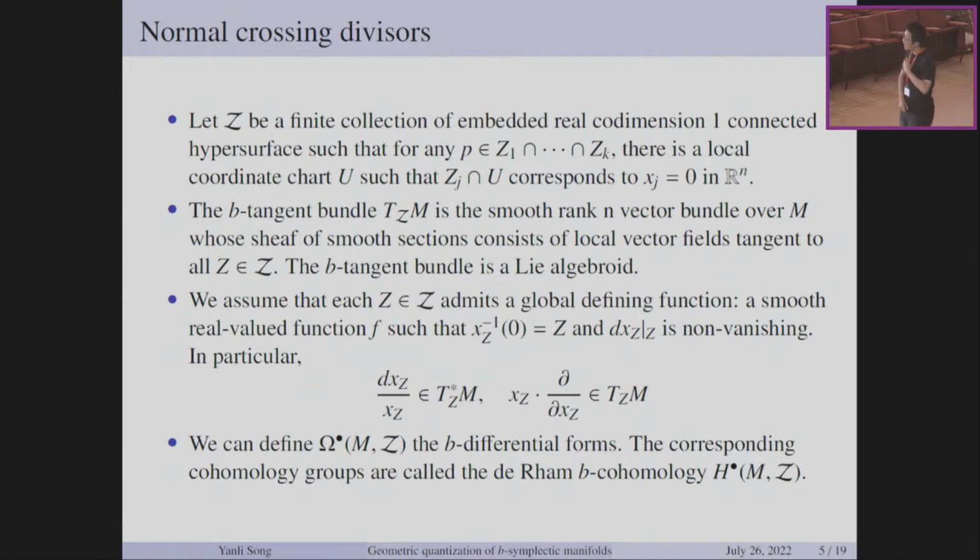You just extend every setting to the b case, so you can define all the b-differential forms, and you can also define the b-de Rham cohomology. I will use the notation H_bM to denote the cohomology defined using the b-tangent bundle or the b-cotangent bundle.